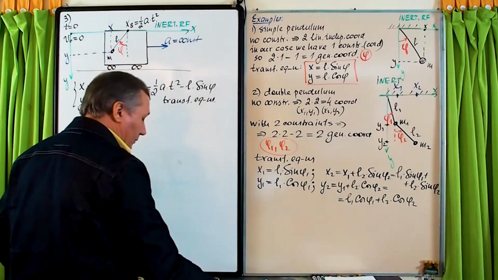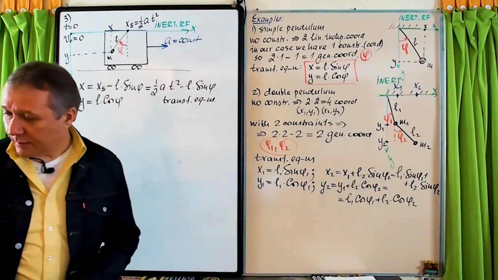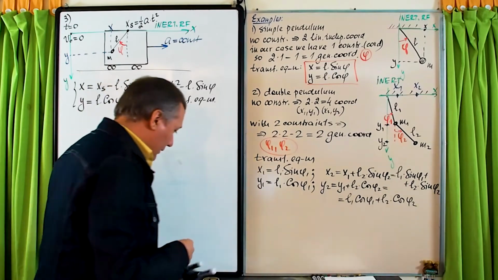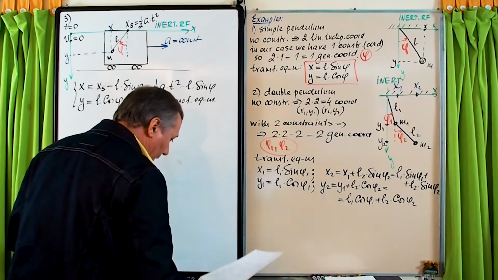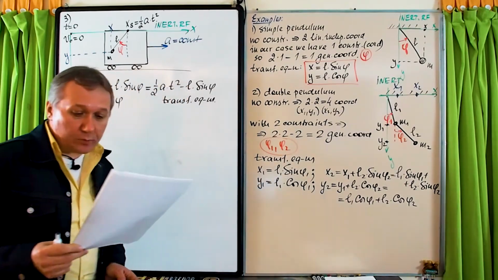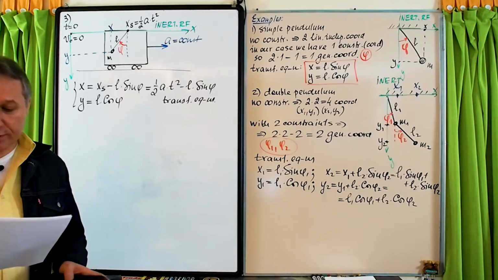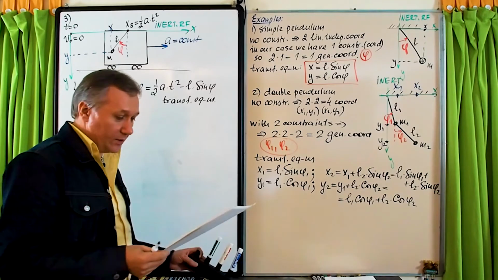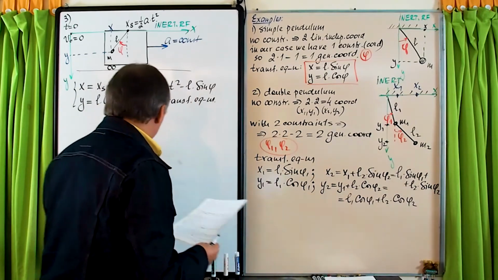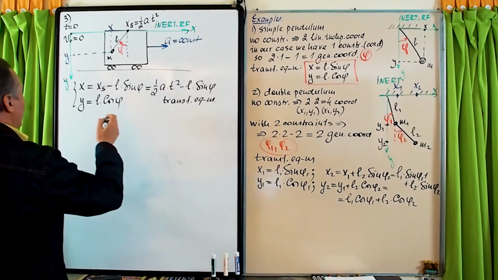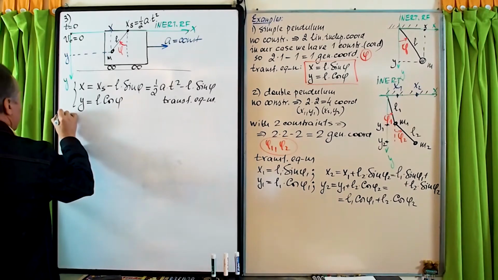But let me write down anyway this definition of this term. The system is called holonomic if the number of degrees of freedom is equal to the number of generalized coordinates needed to describe the system. Okay, so now let me separate this.